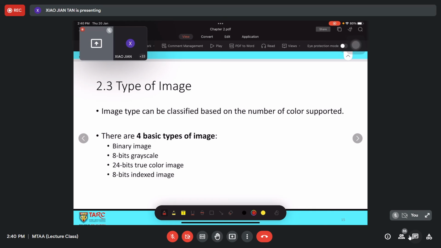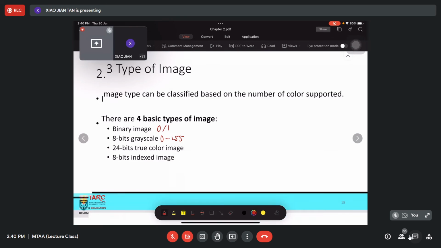And 8-bit grayscale is the very common image that we have, which spans 0 to 255, where 0 represents the black color and 255 is the white color.